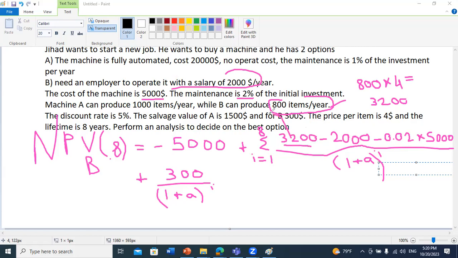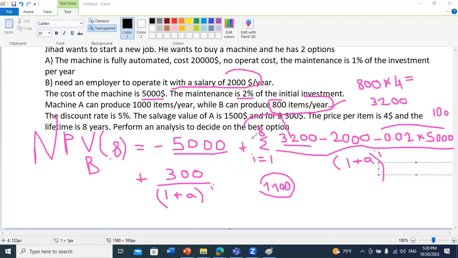If we take it outside of the summation, we have 3,200 minus 2,000, and this is 1,200. So we just have per year a gain of $1,100. So it's much smaller than the case of machine A, but on the other hand, we also have a much smaller initial investment, okay?